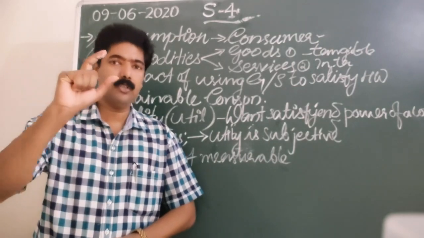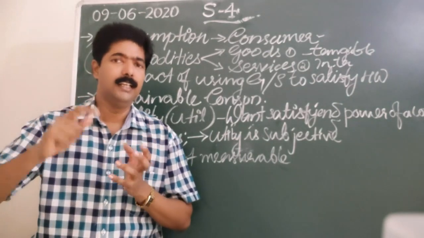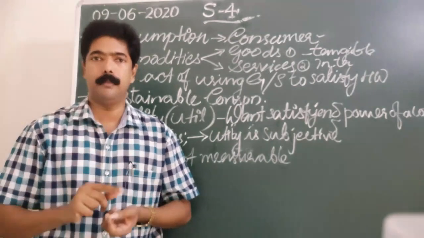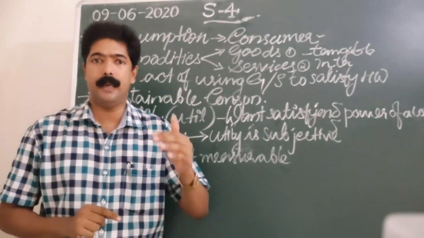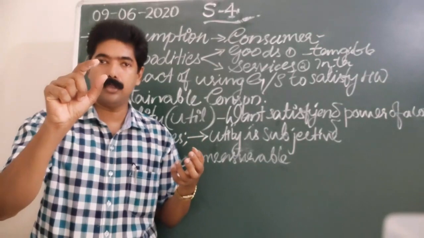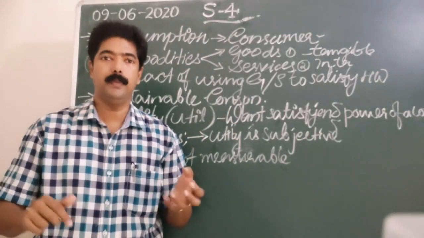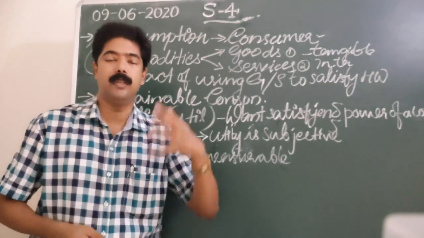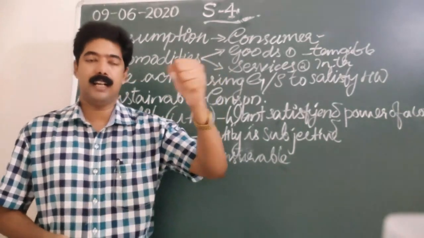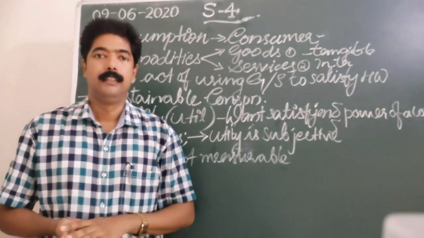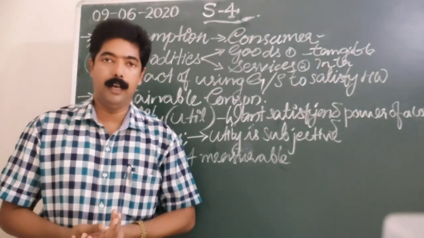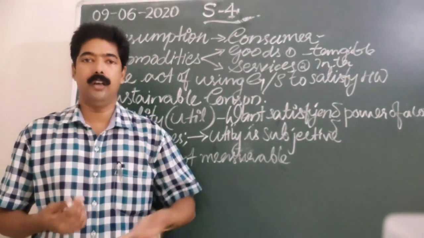According to Alfred Marshall, whatever amount you spend to acquire that commodity, 50,000 rupees, will be equal to your utility, the satisfaction you have got by consuming or purchasing that item. So in such a way, utility can sometimes be measurable as per Marshall's theory.